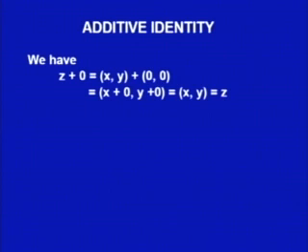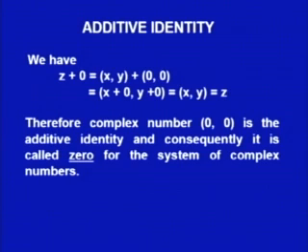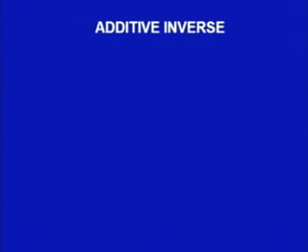So, after adding 0 we get the same number. So, this 0 is called the additive identity, and this is the complex number 0 which we have defined. So, this is defined as the additive identity, and this is called 0 for the system of complex numbers.